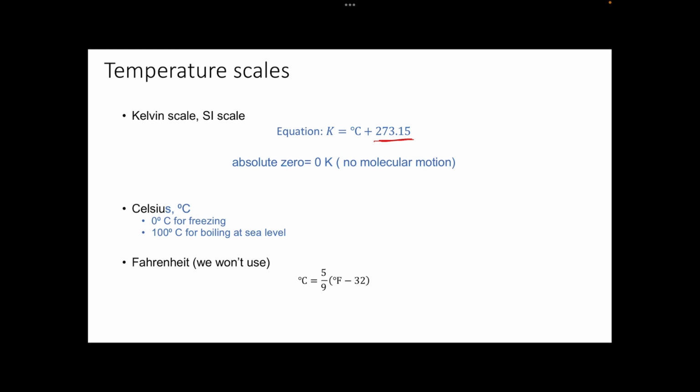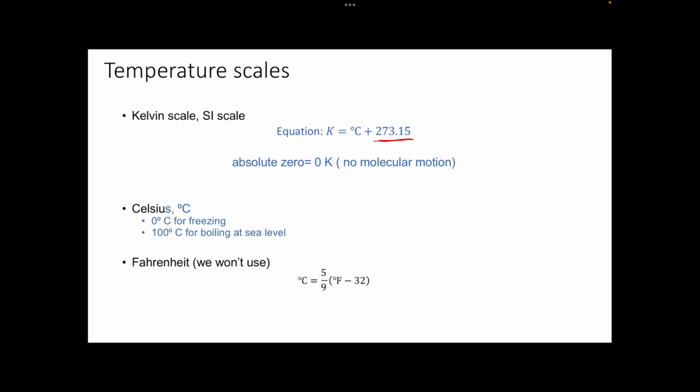Absolute zero is defined as 0 degrees Kelvin, and that means that there is no molecular motion. The molecules have no motion, they're not vibrating or moving at all, and it's never actually been achieved. They've never been able to get anything cold enough to be at 0 degrees Kelvin.